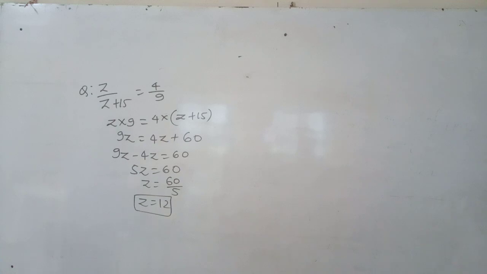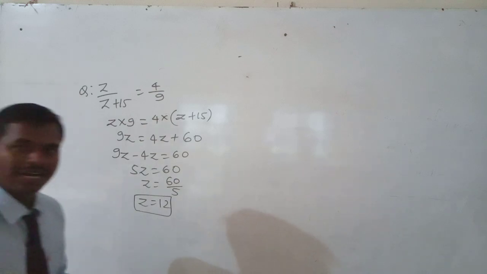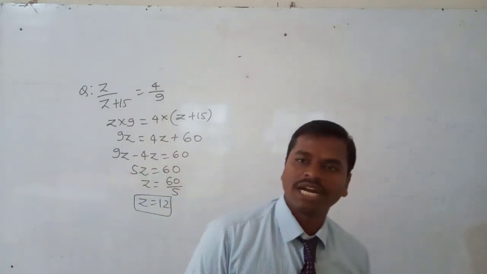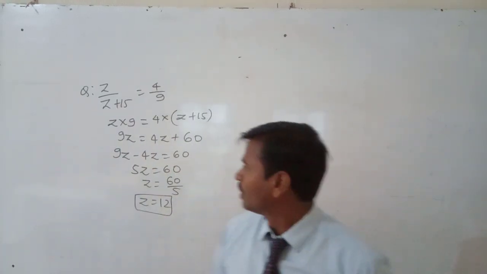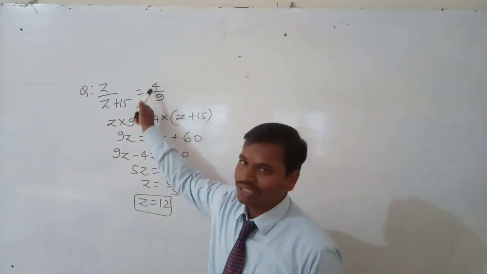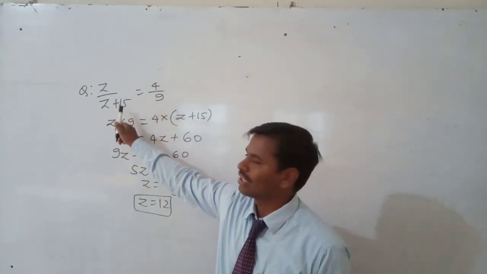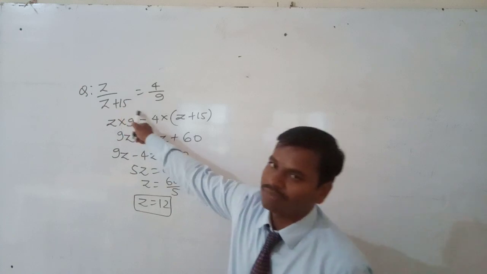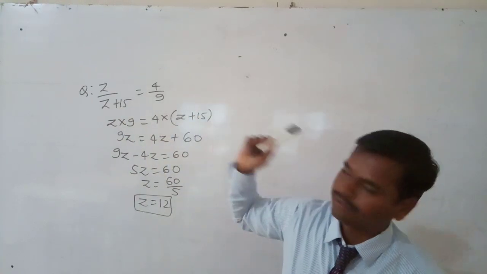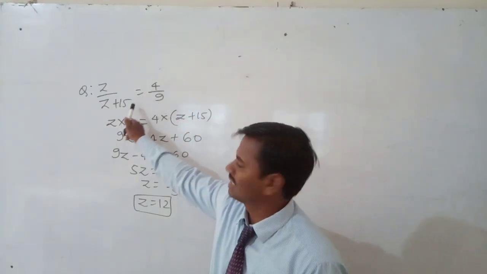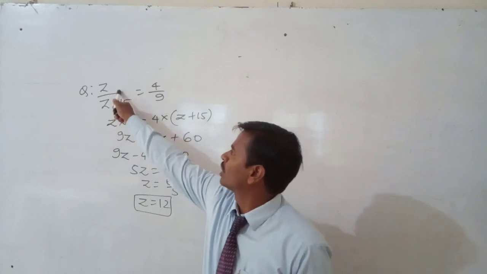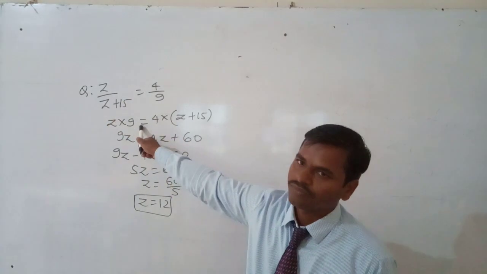Okay, this is the way to simplify linear equations in standard form, converting them to the standard form and solving them. First, here the denominator is there on both sides. We will shift the denominator to the other side and multiply them. 4 into this denominator, z into 9. Understood?